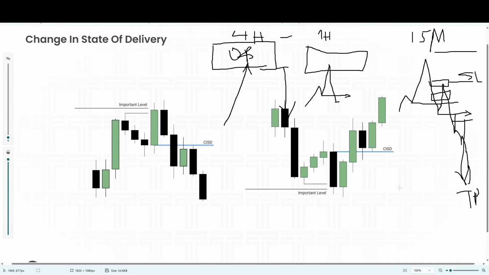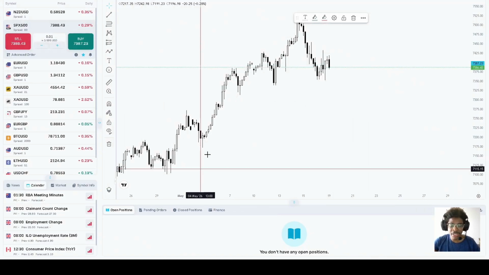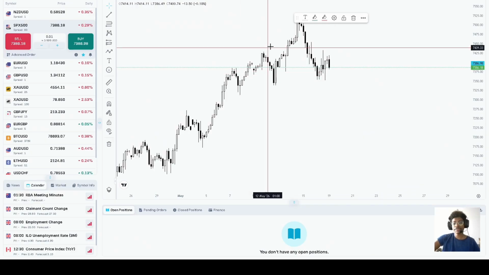Okay, guys, if this is confusing, don't worry about it. We are going to jump into a real-time example on the charts. All right, so let's get into a chart. This is the SPX 500.